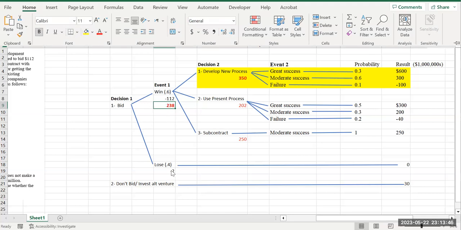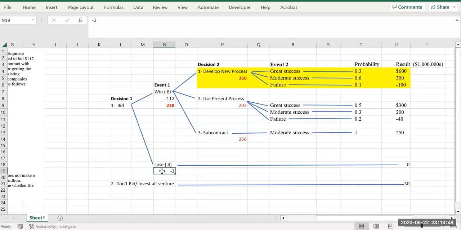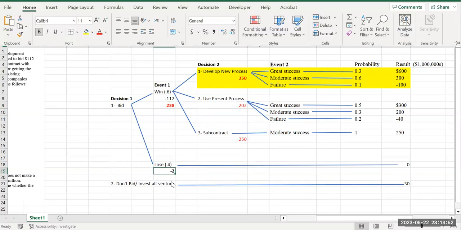Now, if we lose, it's 0 plus, and I'm not going to update this, it's already here. The $2 million actually has to be paid for participating in the auction and preparing for it. If we lose, there's nothing that we gain, except that we actually lose $2 million. So the net payoff for losing is going to be minus $2 million.